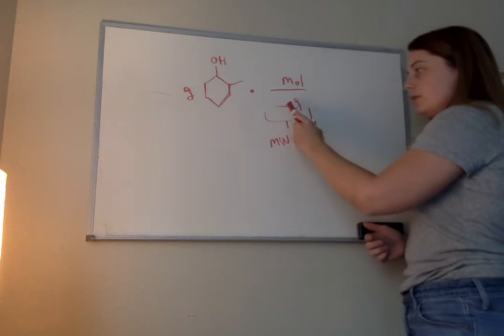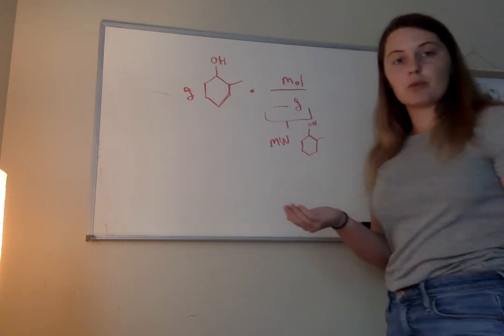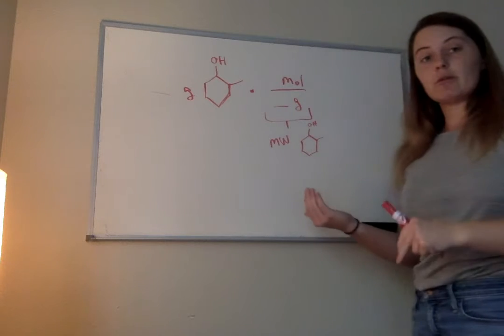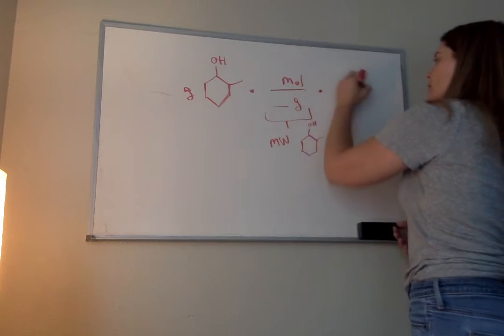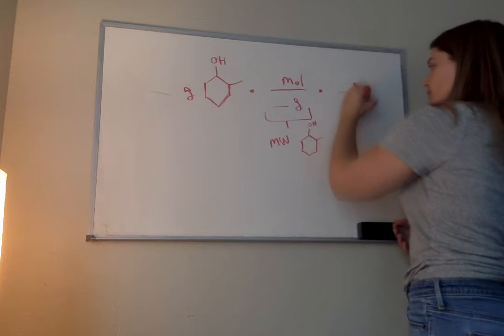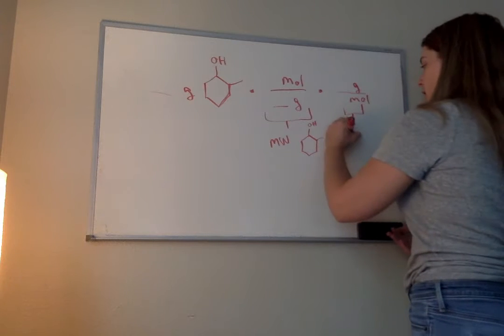So you're going to use the molecular weight of this one, so that's a number that you'll look up. And since we're converting now, we're going to convert to grams of the hexene, of the alkene product.